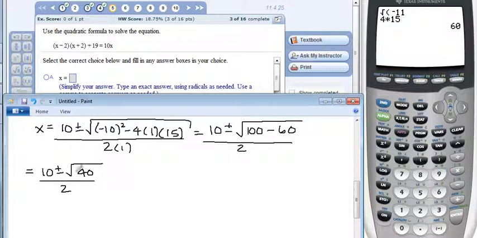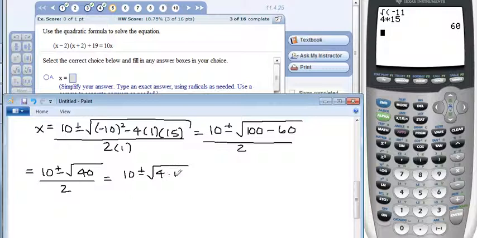Now before these were all perfect squares and they came out and then we simplified. Well, this time it's not like that, is it? 40 is not a perfect square, but there is a perfect square underneath it, so we do have to reduce it down. If I put this in right now, it's going to say your answer is correct, but it's not in the correct form. So we have to make sure that we have all of our radical rules down.